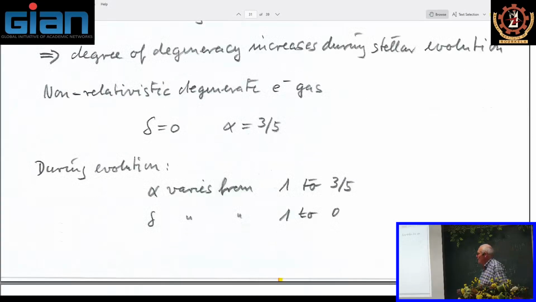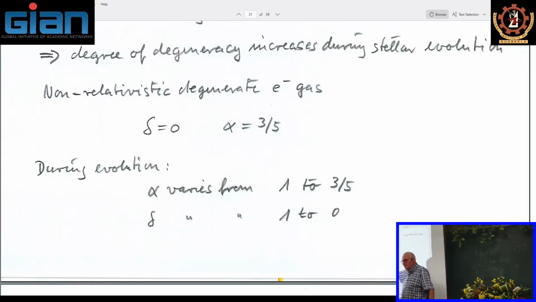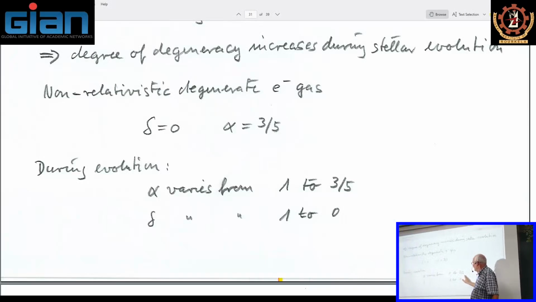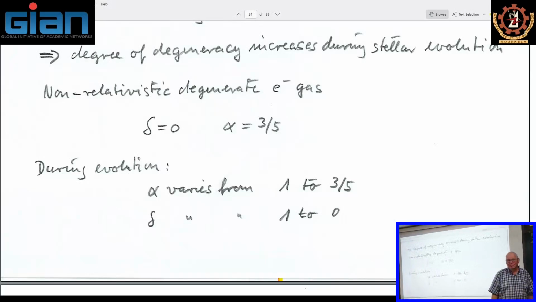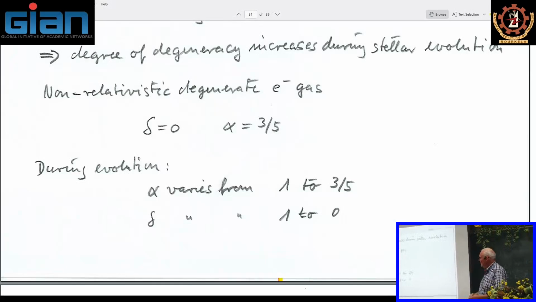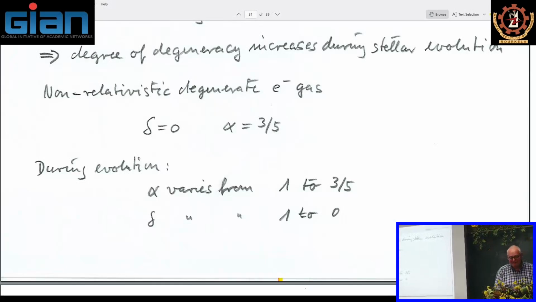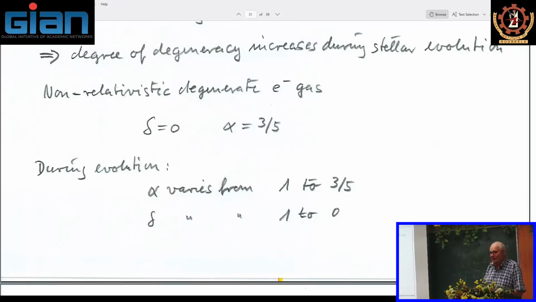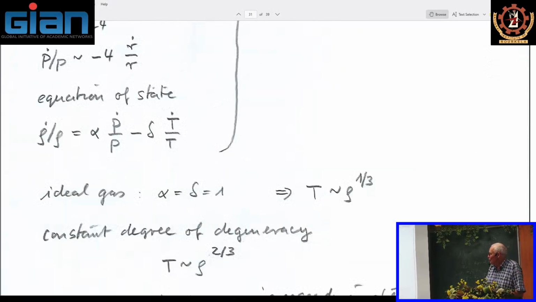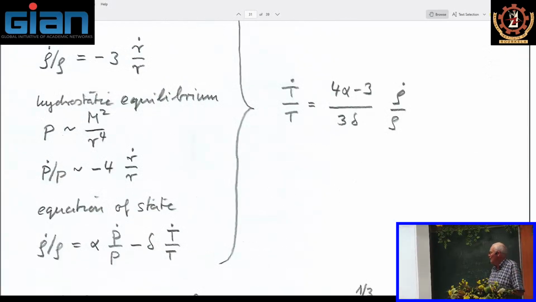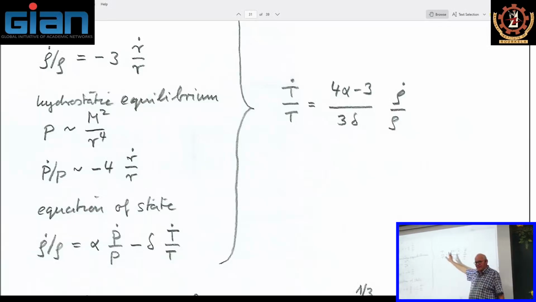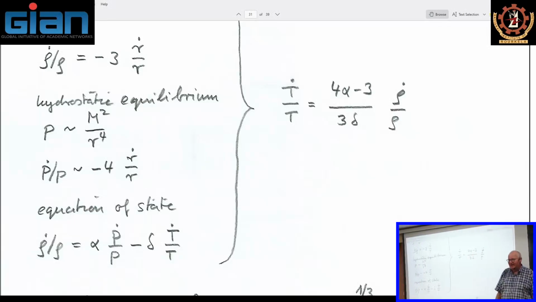Then alpha varies from 1, this is the case of ideal gas, to 3/5, and delta varies from 1 to 0. What happens with our temperature? The change of temperature with respect to the change of the density. Well, what we see here is 1/3. This factor is 1/3 for the ideal gas.